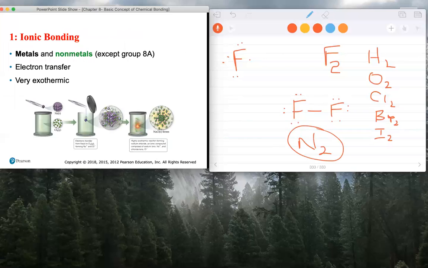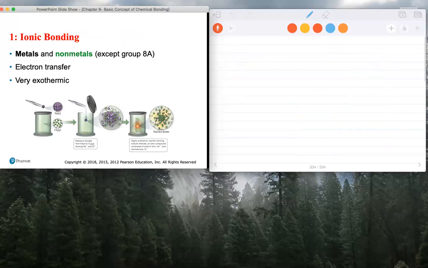So back to ionic bonding. Ionic bonding is formed as a result of transfer of electrons from a metal to a non-metal.